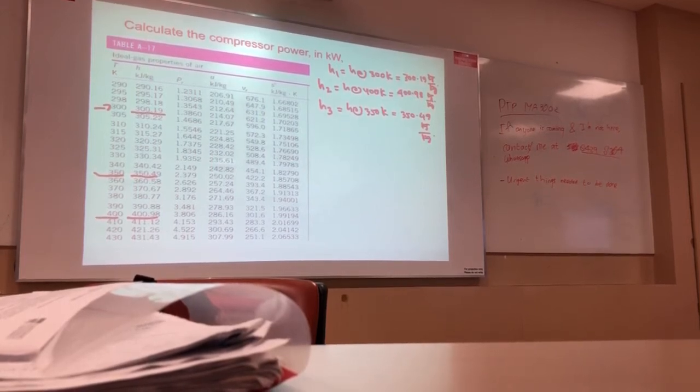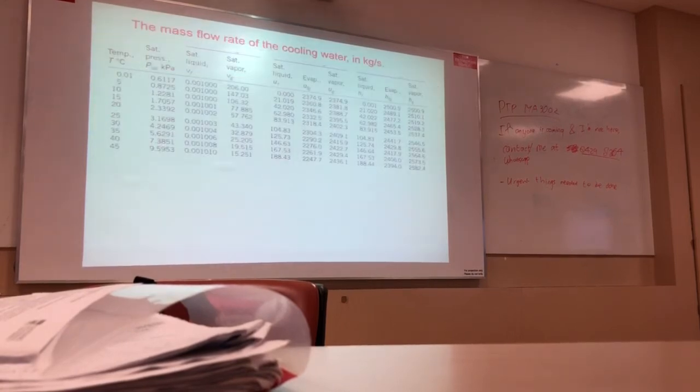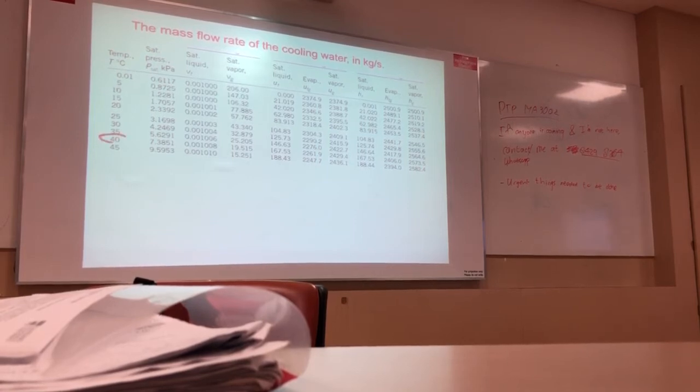Then what is H5? From the table I can get it, right? From another table I can get it, from the compressed liquid table. Then this is the table and this is HF.